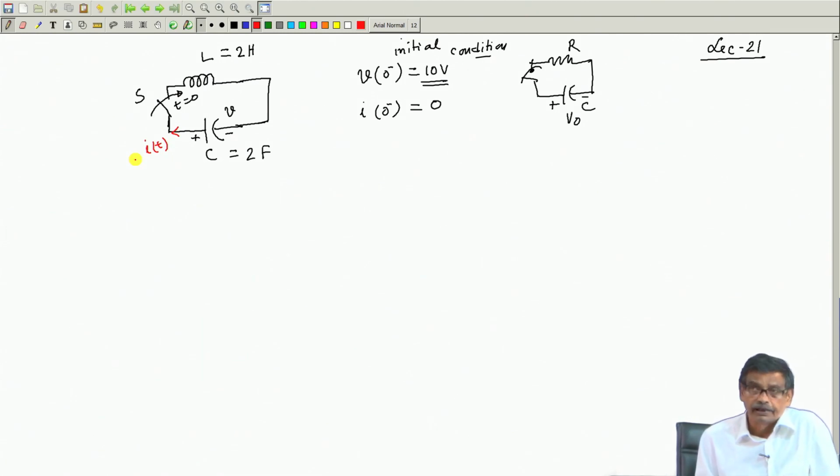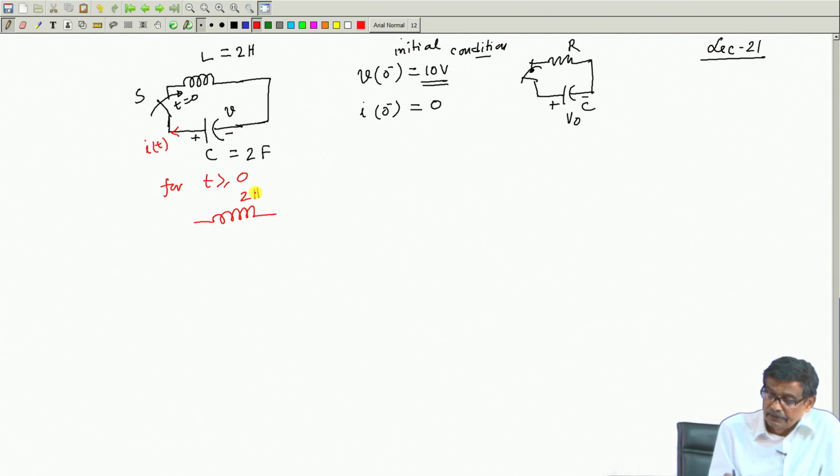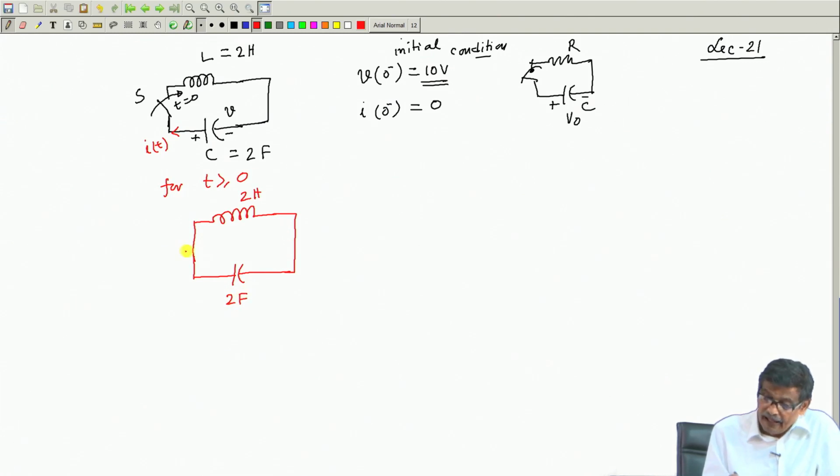So, that was fine. Now, for t greater than 0, say equal to 0, the circuit is like this: L, that is 2 Henry, and the circuit is closed, with 2 farad, and let us assume the current in the circuit to be I(t) at any time t.